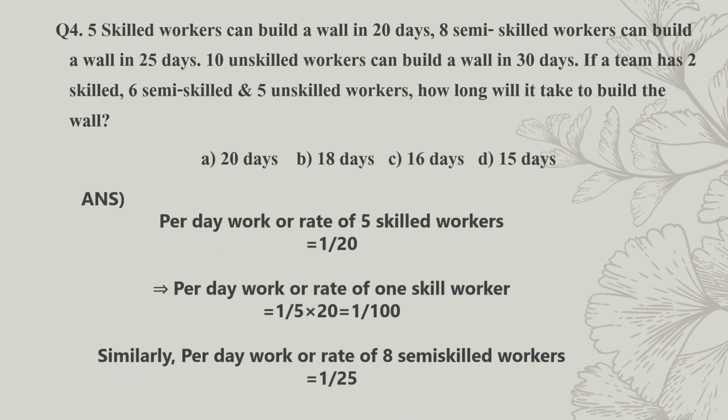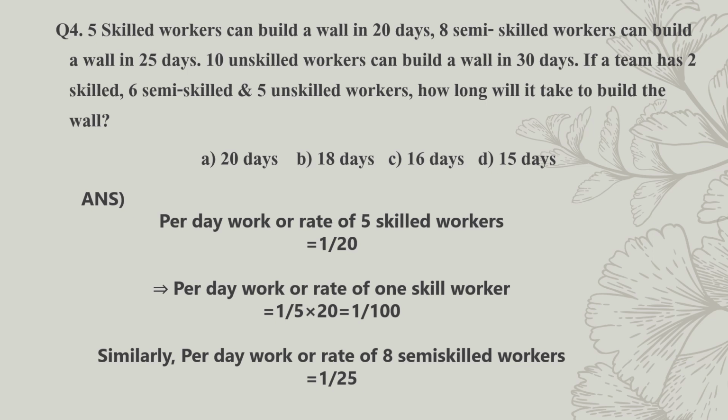For a day, 5 skilled workers complete 1 by 20 part of the wall, since they can build a wall in 20 days. So the rate of one skilled worker is 1 by 5 into 20, which is 1 by 100 of the work.